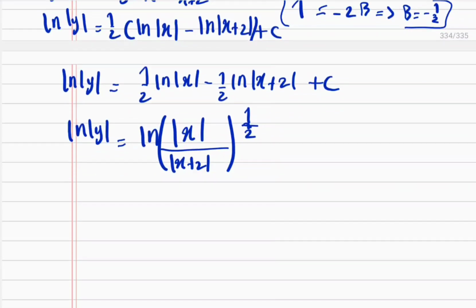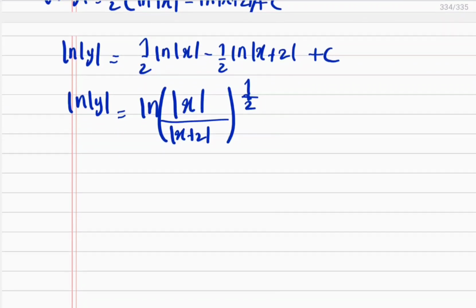So now for the sake of simplicity, we can also do e to the power of both sides, so that the e's will cancel, and then we can write this as y is equal to square root of x over x plus 2.